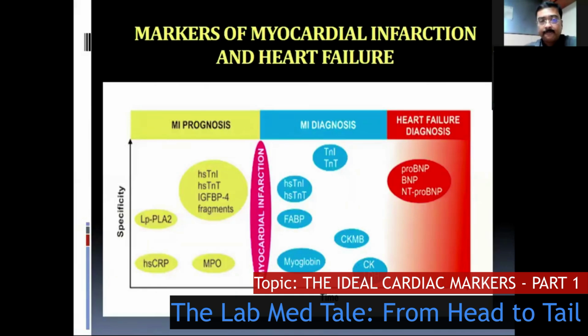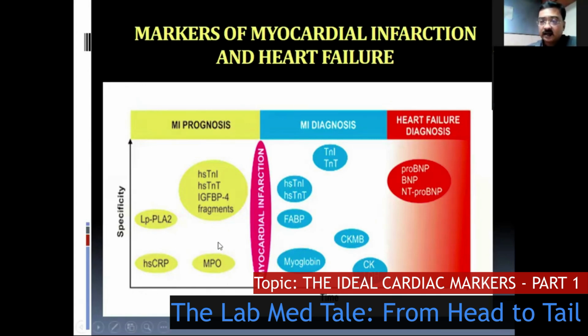Now, markers of myocardial infarction and heart failure. Overall, we consider cardiac markers in three varieties. One is used for prognosis of MI.